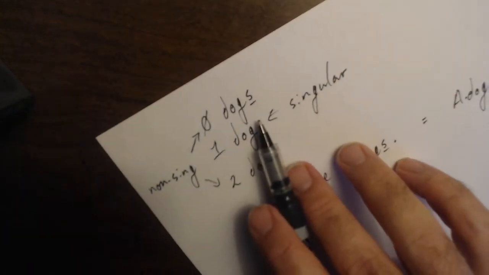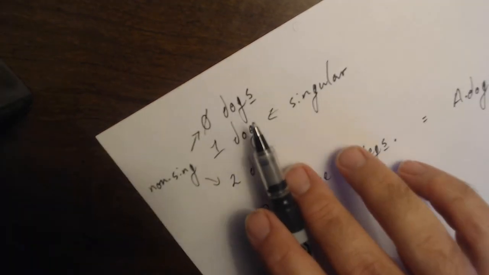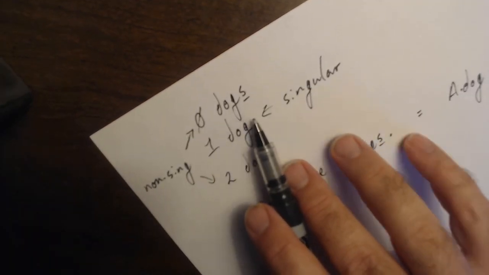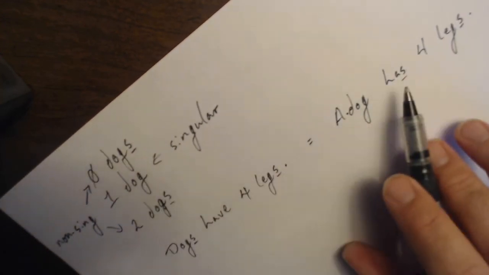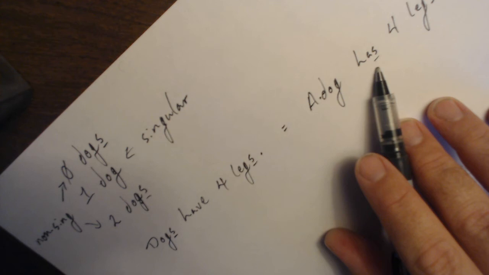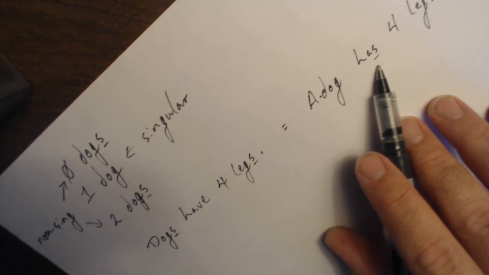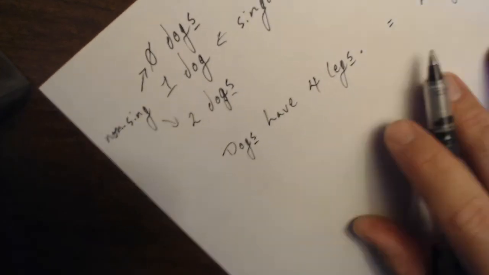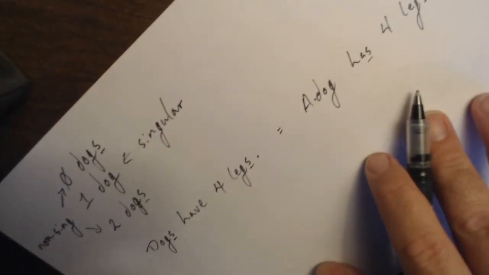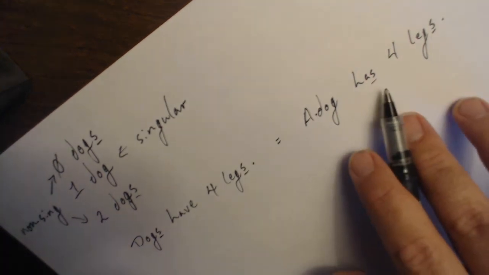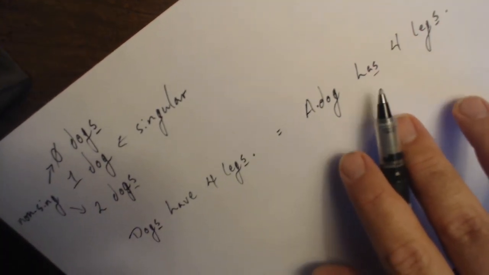If this S is a number marker, grammatical number marker, for nouns, why is it showing up on a verb? And just from this one example, it's perfectly reasonable to be exceptionally skeptical of my claim here. Like, I get you.